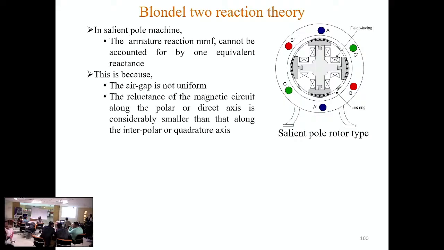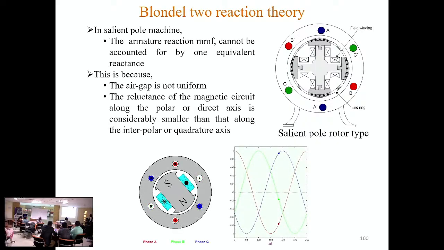The reluctance of the magnetic circuit along the polar or direct axis, that means along this line or this line or this line, where we consider the center point of one pole as the direct axis or the polar axis, is very small. The other one, the interpolar axis or quadrature axis, in quadrature with the d axis or direct axis or polar axis, has a larger air gap length.